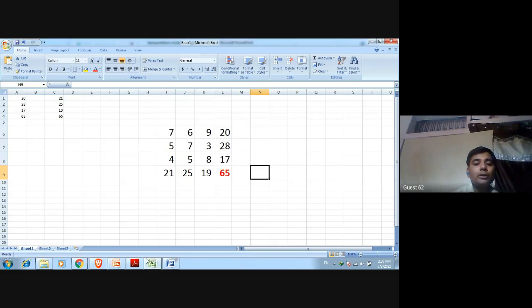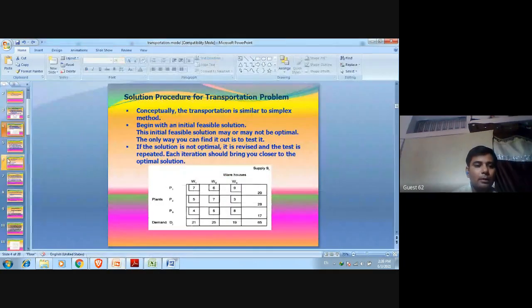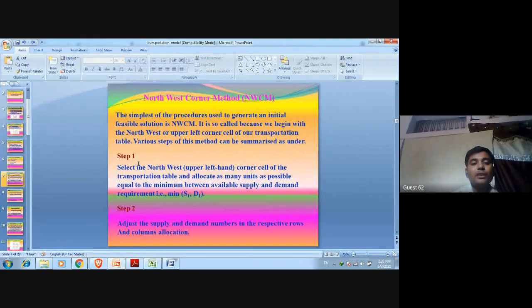Now, according to the northwest corner rule, let us see what it says. NWCR says, select the northwest or upper left hand corner cell of the transportation table and allocate as many units as possible equal to the minimum between available supply and demand requirement, that is minimum of S1, D1.